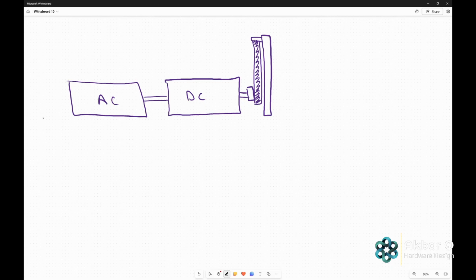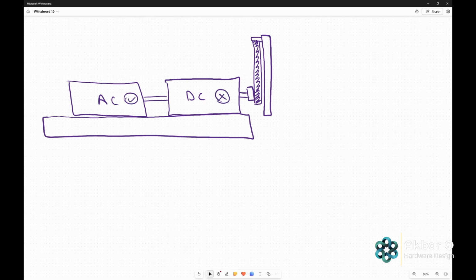So we have to test the AC machine while the friction belt is connected to the DC machine. We have to isolate this DC machine completely and test only the AC machine. To achieve this, we have to first of all characterize the DC motor.